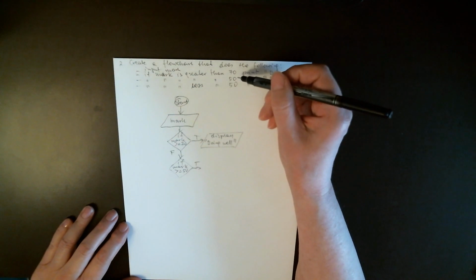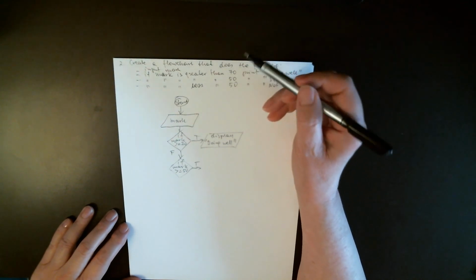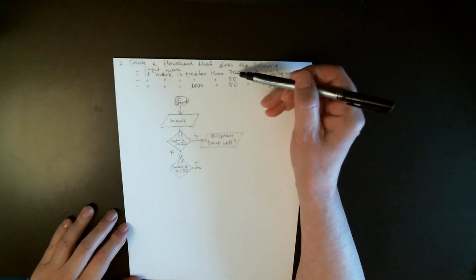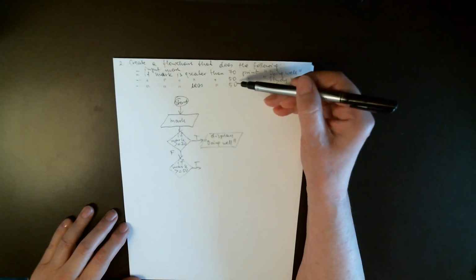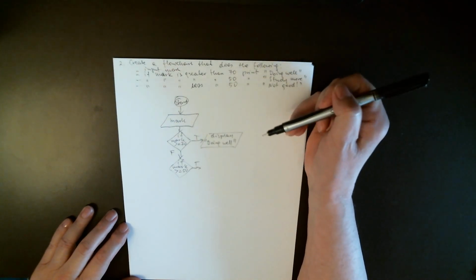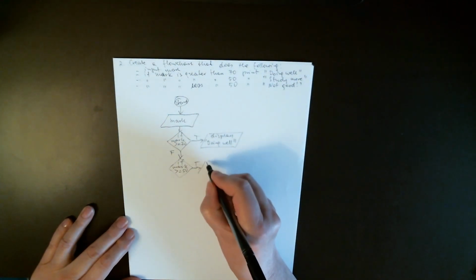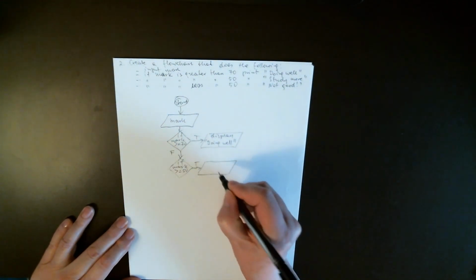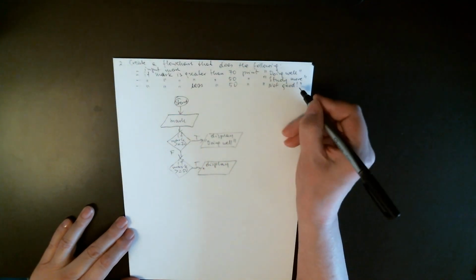But could I say if it is less than 70? No. Okay. If you ask if it is less than 70, well, we couldn't figure out if someone was, well, at 69 or at 20. Okay. So here we've got display, study more.